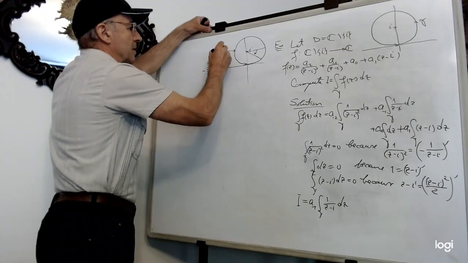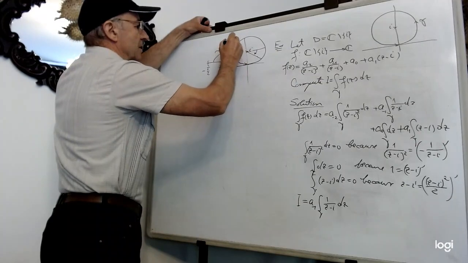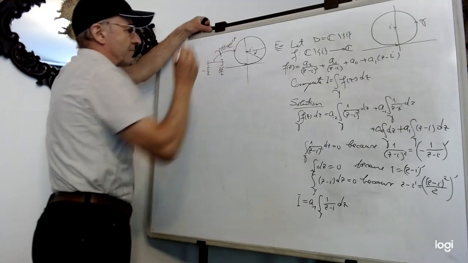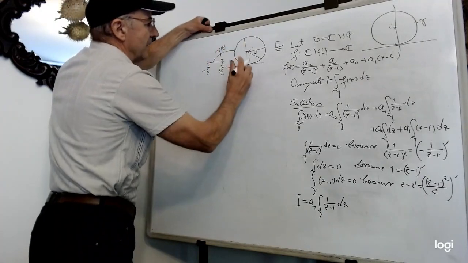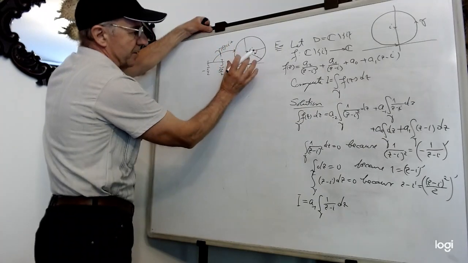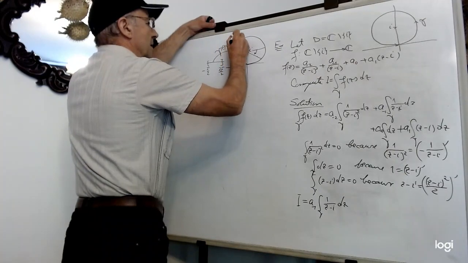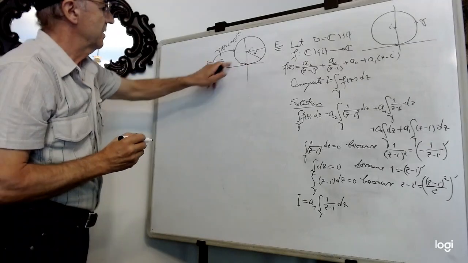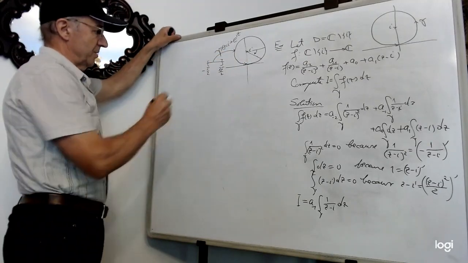Gamma of t equals i plus exponential of i t, the unit circle translated. You can remark that it starts from 0 and the endpoint is also 0.